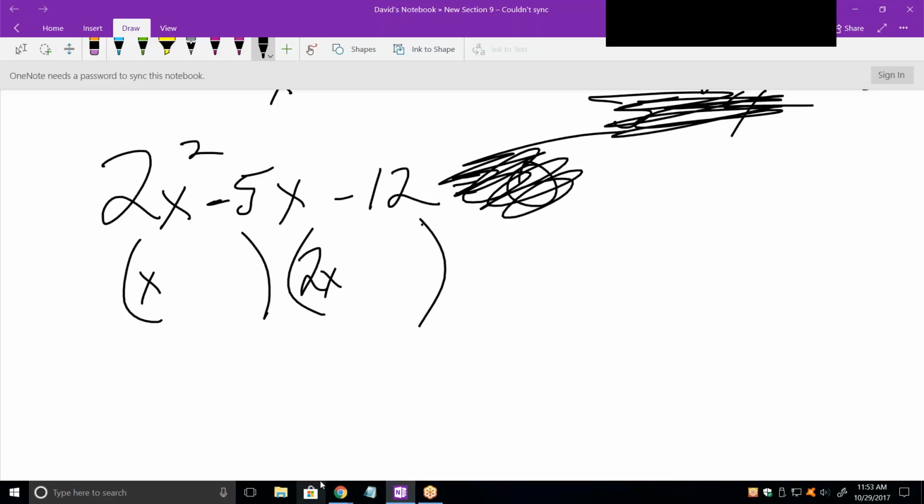Is it minus on both sides? Nope, that would give you a plus 12. So they have to be opposite signs. By definition, when you're looking at a minus sign in front of the constant, the signs have to be opposite. One has to be plus, one has to be minus. The difference here is that plus minus is not the same as minus plus. So I have to allow for both. I'm going to have to test both because they're going to give different answers.